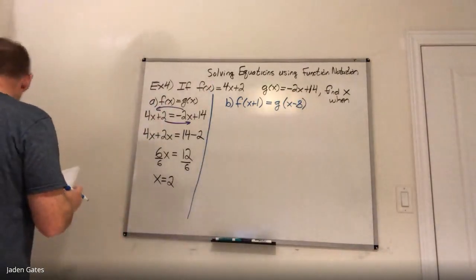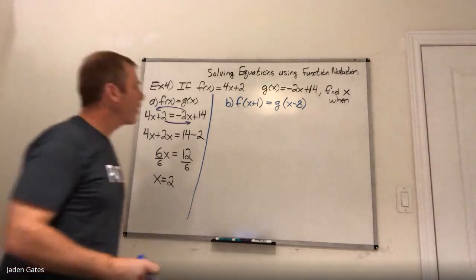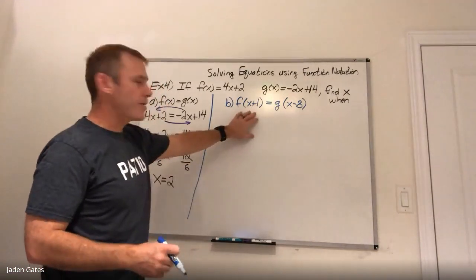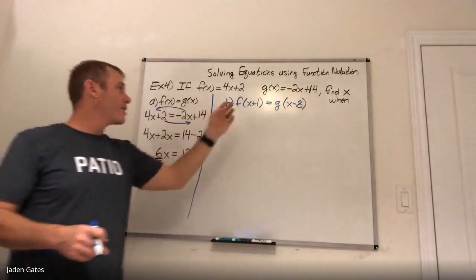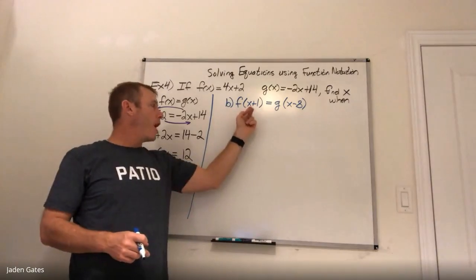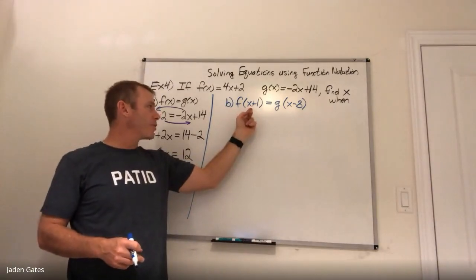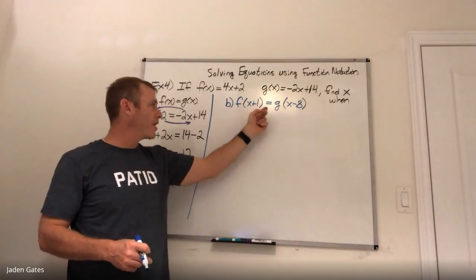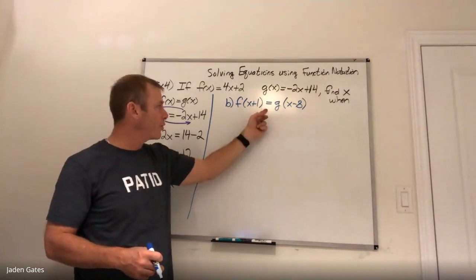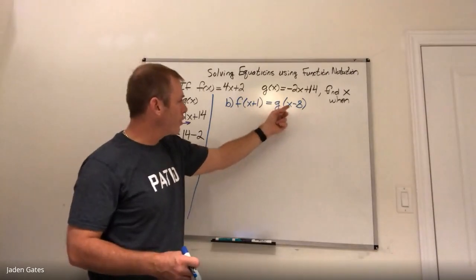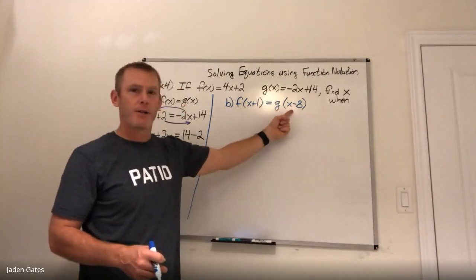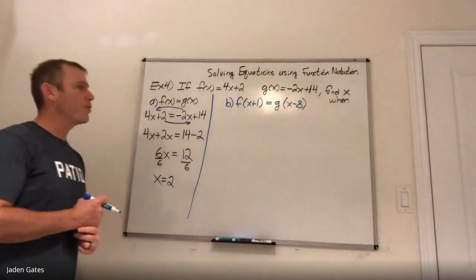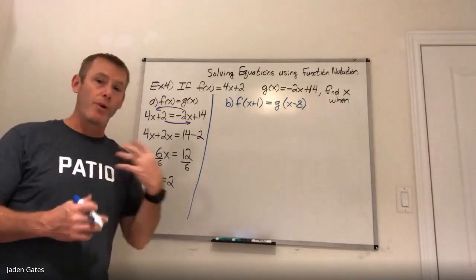All right, so I'm going to skip C here. Now what this is saying, again, this is from yesterday, is f of x plus 1, I have to put in an x plus 1 in the f function wherever there's an x. And then I got to make it equal to the g function, but I'm going to replace the x with an x minus 8. All right, so it's combining the other days with today's.